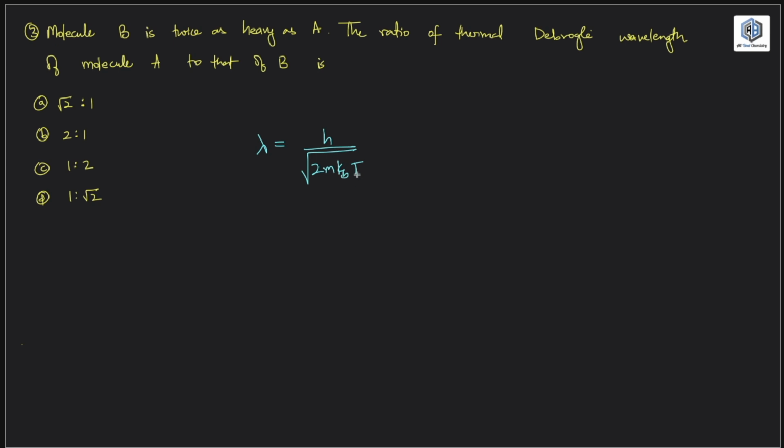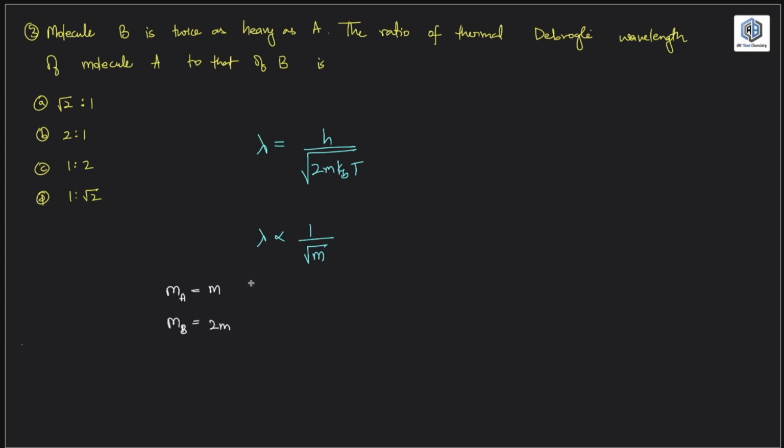So the temperature is constant, kB is Boltzmann constant, h is Planck's constant. So you can say that thermal de Broglie wavelength is inversely related to the square root of m. Now you have 2 conditions: the mass of A, let's say it is m, and the mass of molecule B is twice as heavy as A, so it is 2m.